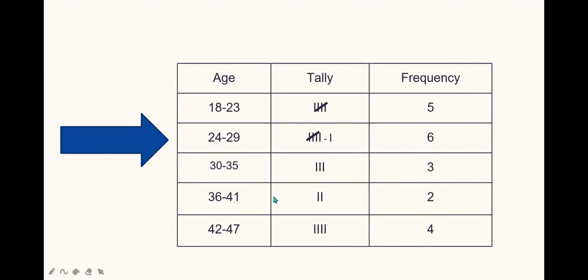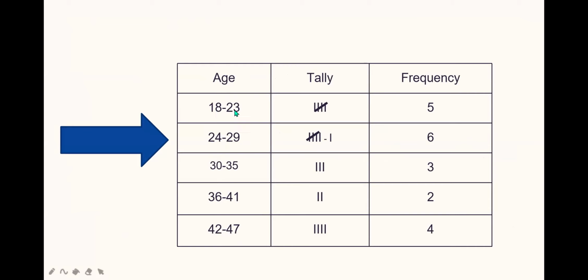So we have the tally already. Now, again, what is our lowest number? 18. So if I have 18 as our lowest data, definitely I'm going to add 5 to get a class interval equal to 6. Why? Because 18 plus 5 is 23.